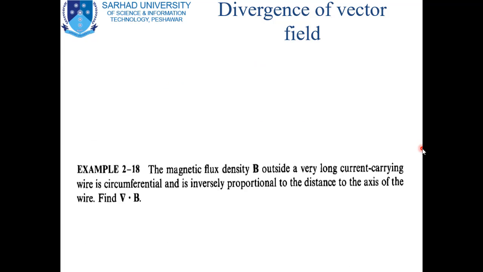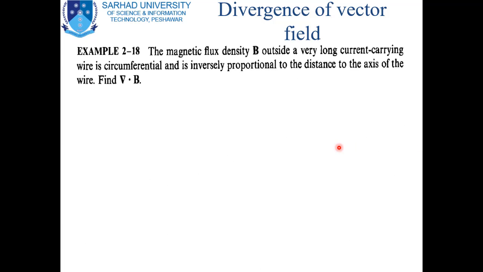In this slide we discuss the divergence of magnetic flux density. The statement says that the magnetic flux density B outside a very long current carrying wire is circumferential, and it is inversely related to the distance to the axis of the wire.